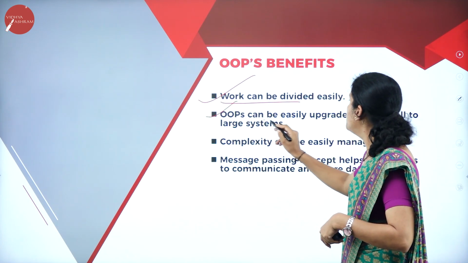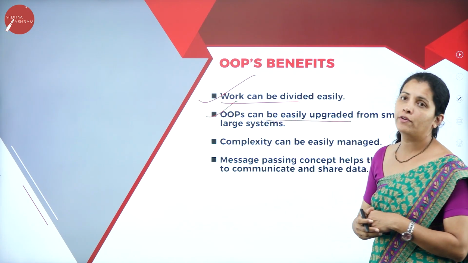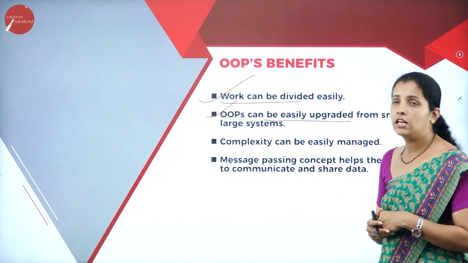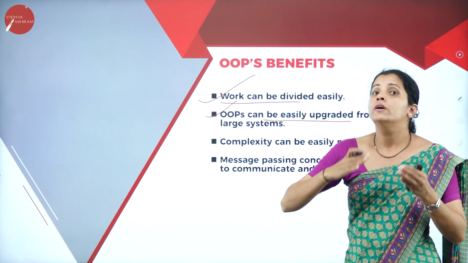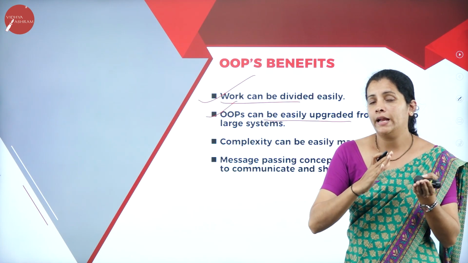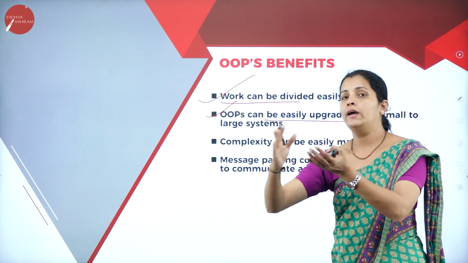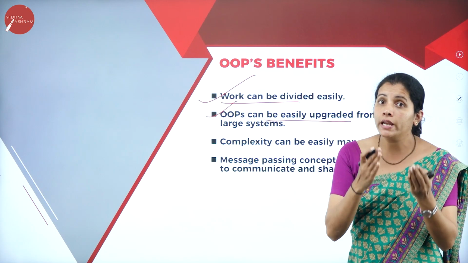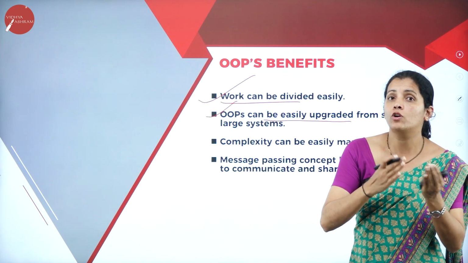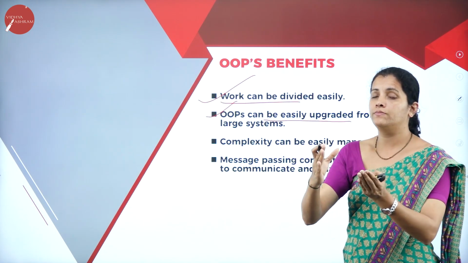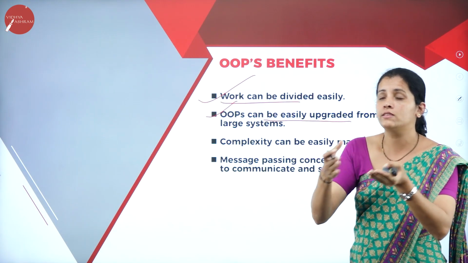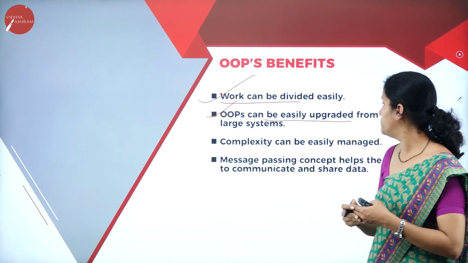Then OOPS can be easily upgraded from small to large system. That means here OOPS can be upgraded from one system to another. That means it is very easy to carry or move from one system. So what is one system? That is small system to large system.